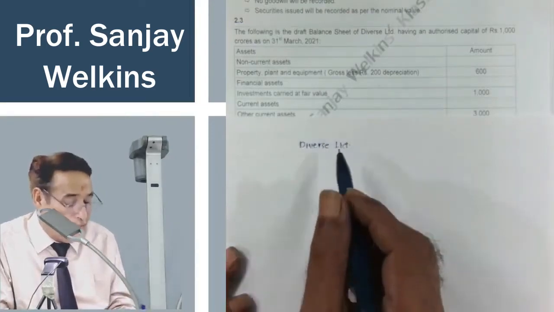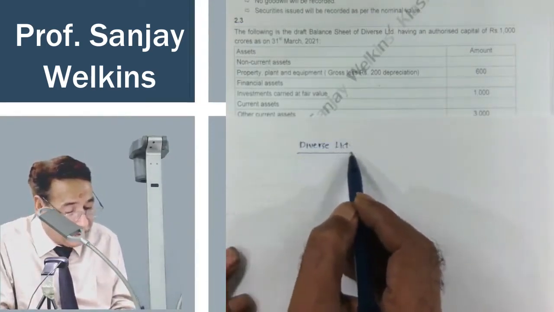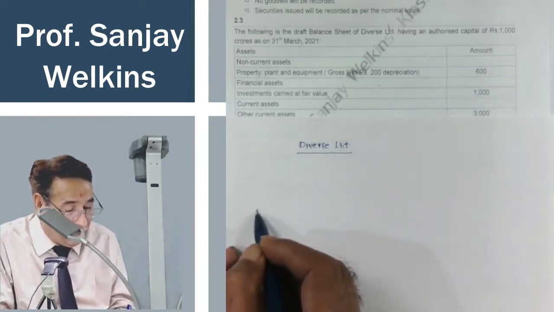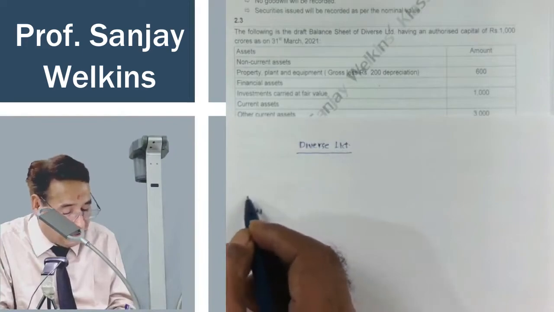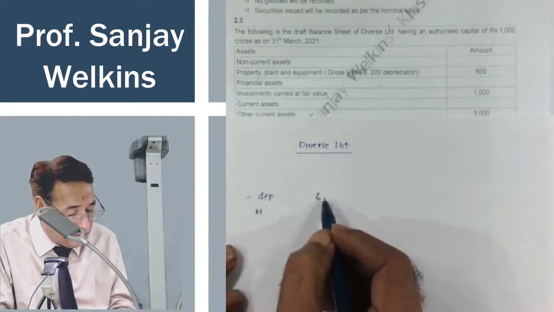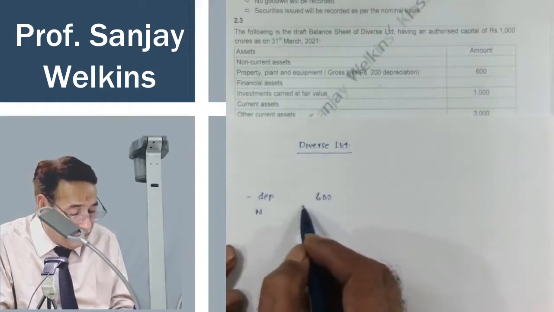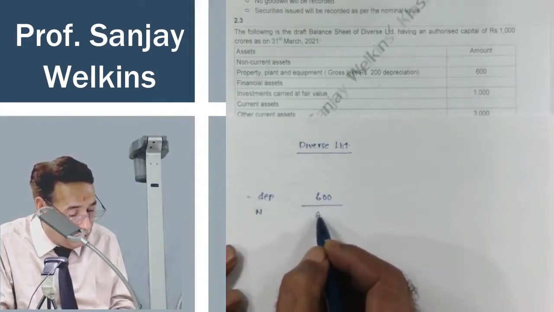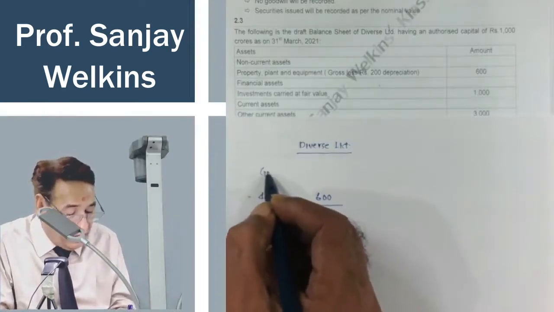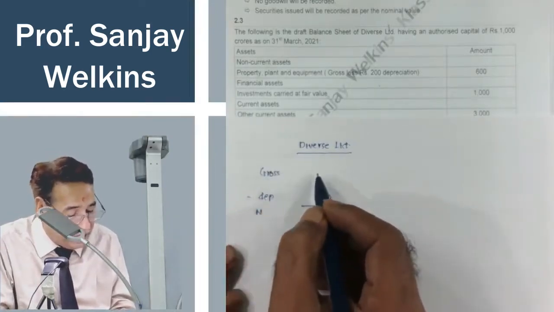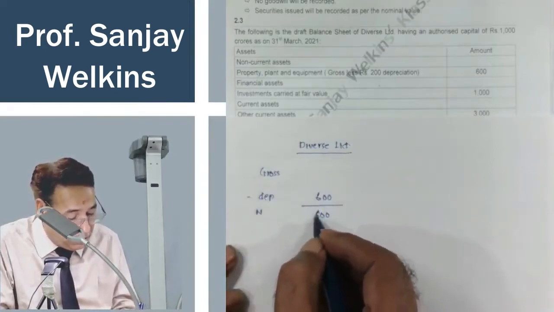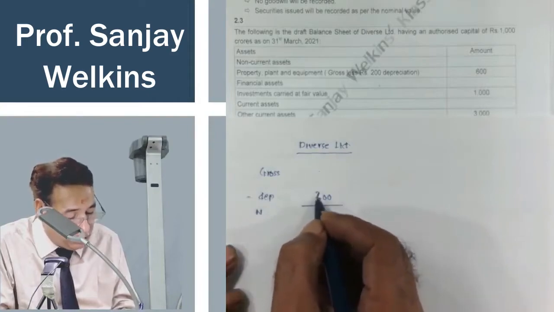As far as Divers Limited is concerned, we have been given that net value, because it is written less depreciation. Less depreciation is 200, and the value written in the outer column is 600.